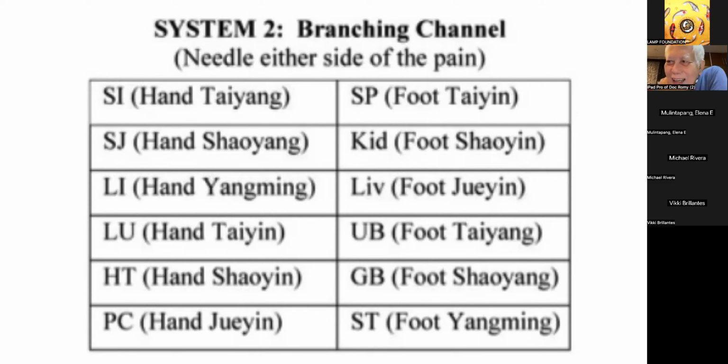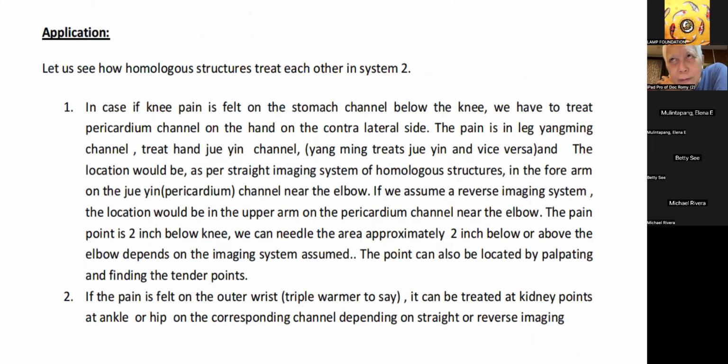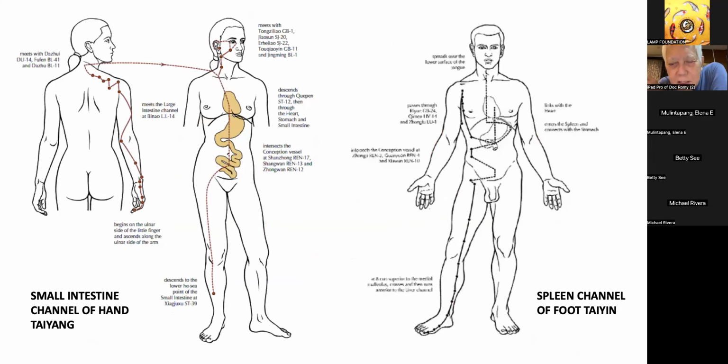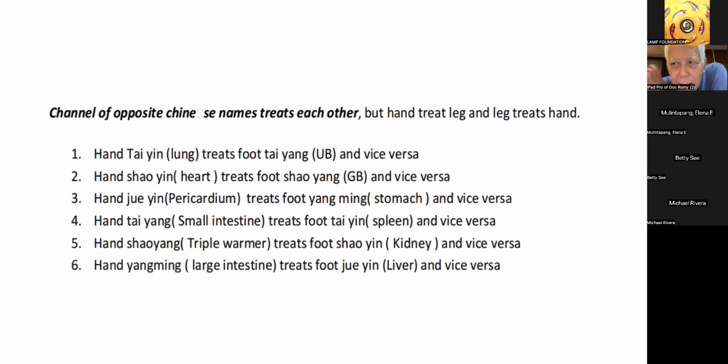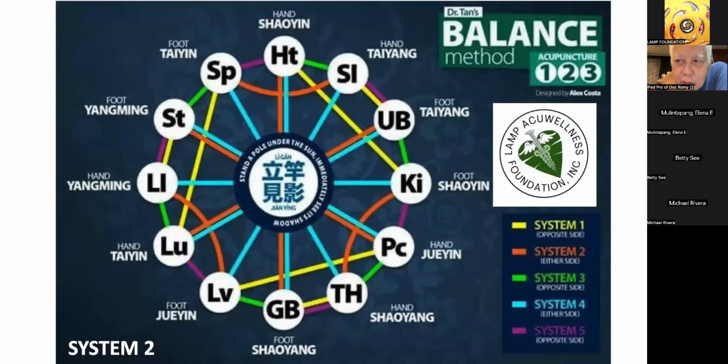I'm sure na-excite sila sa systems 1 and 2 at master na ni Sir Michael yung mga pairings. No, actually, those systems are very easy. Ang kailangan lang po, when we go to system 3, system 4, system 5, kailangan na po nating malaman yung talagang flow of chi at saka itong organ clock. Pero itong cheat sheet na binigay sa atin ni Doctor, napakaganda na. Pag nasa harap niyo po ito, parang decor, pero hindi alam ng pasyente, tinitingnan niyo kung paano gagawin.